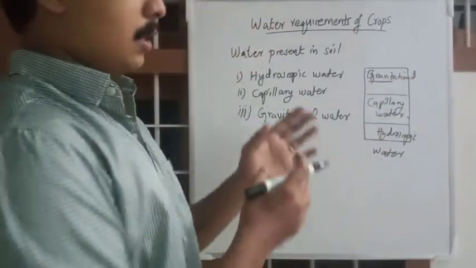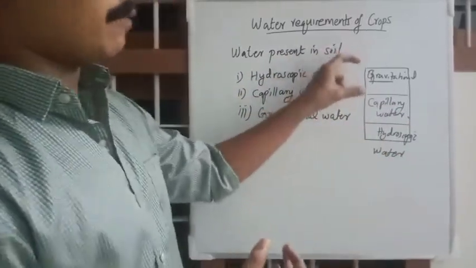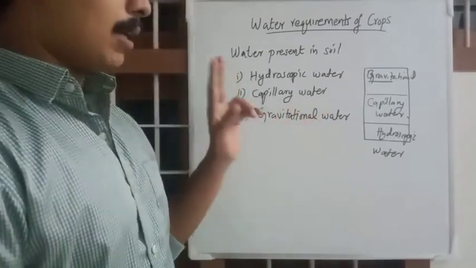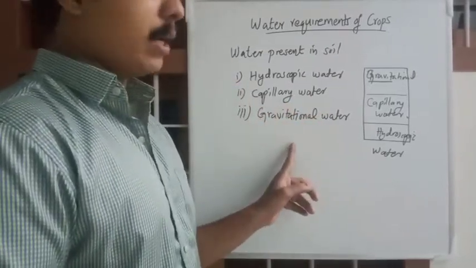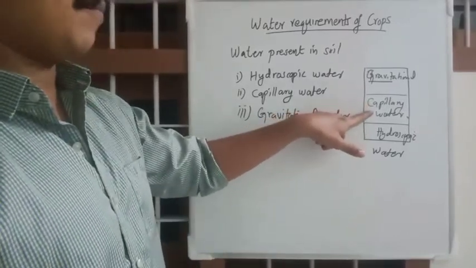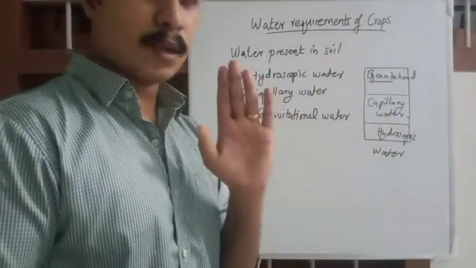If there is a pressure difference or elevation difference, this water will be flowing away. So gravitational water is the water present in soil in excess of hydroscopic water and capillary water which can flow in the presence of gravity.